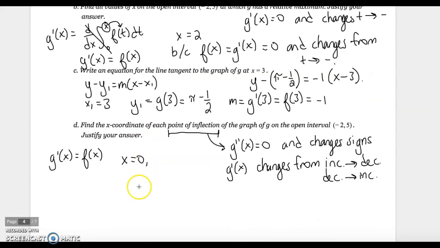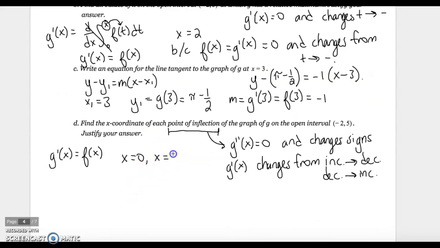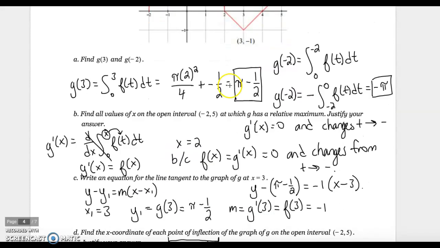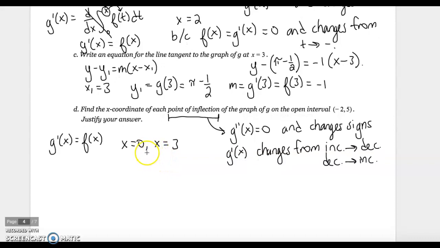Okay, so then x equals 3 because then it changes to increasing. And your justification for that would be because f of x, aka g prime of x, changes from increasing to decreasing or decreasing to increasing.